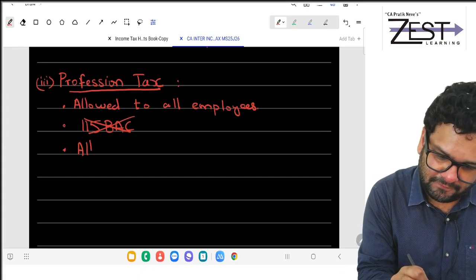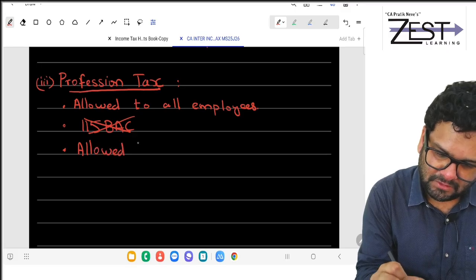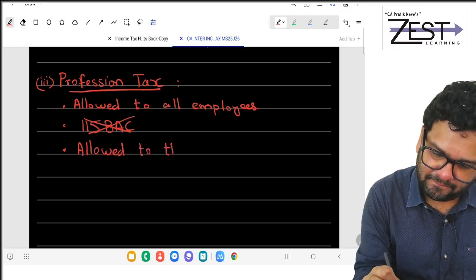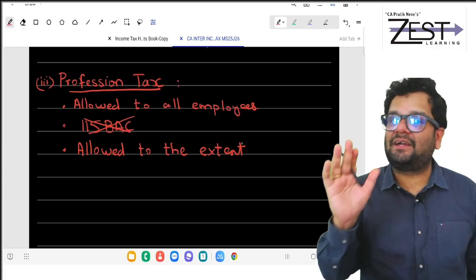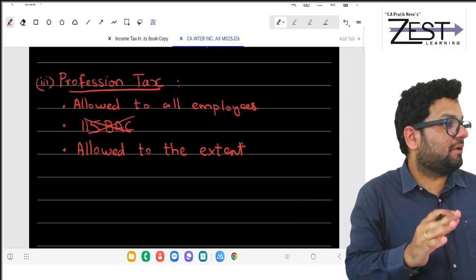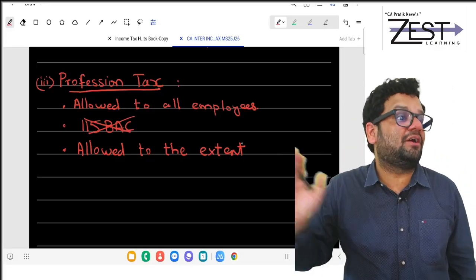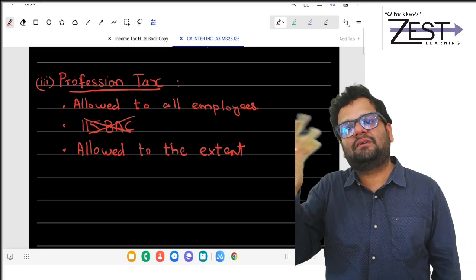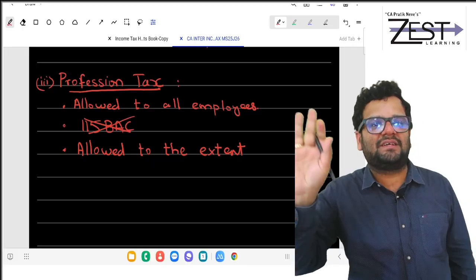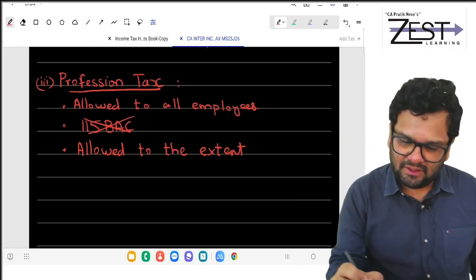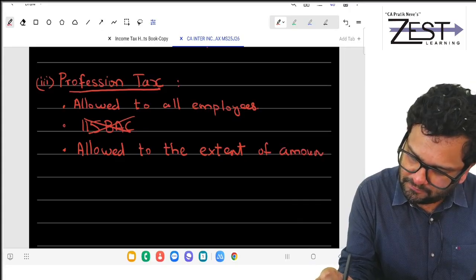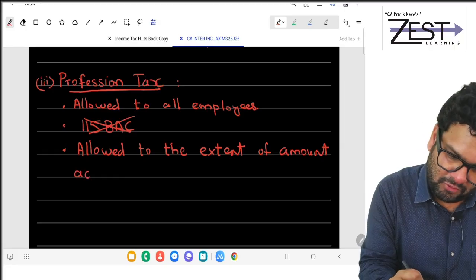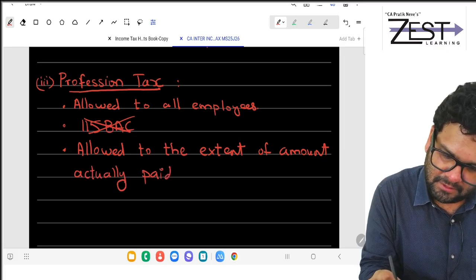It is allowed to the extent paid. How much you are paying, you should check that. This profession tax is payable to the state government. So how much you are paying, check that. Whatever is paid is allowed as deduction. So allowed to the extent of the amount actually paid.